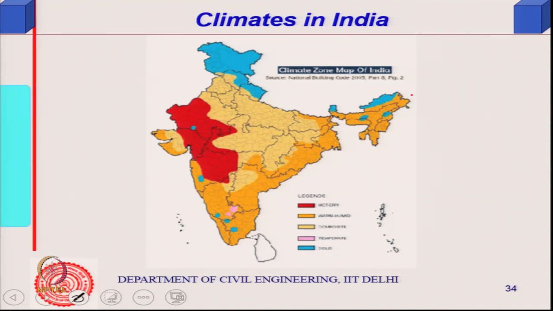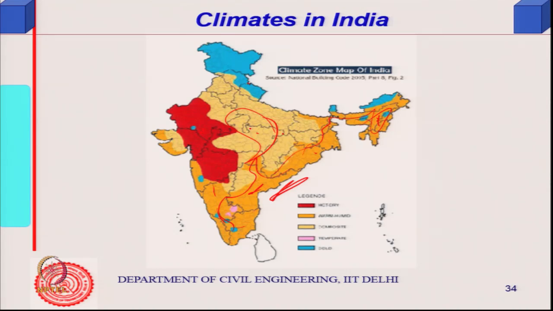And dark yellow, all the coastal areas and the northeast, this is warm humid. And this is what is composite monsoon, right? So this is not dry, some seasons are influenced by this, some by that. So the majority portion in north and central India is composite monsoon climate, right?